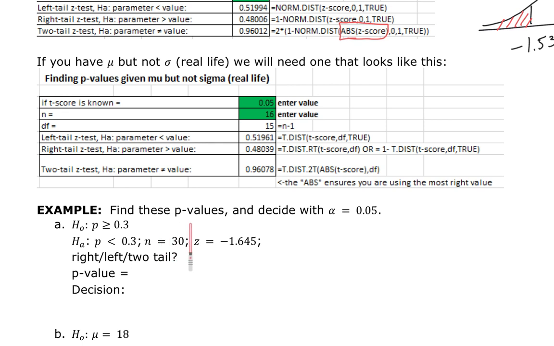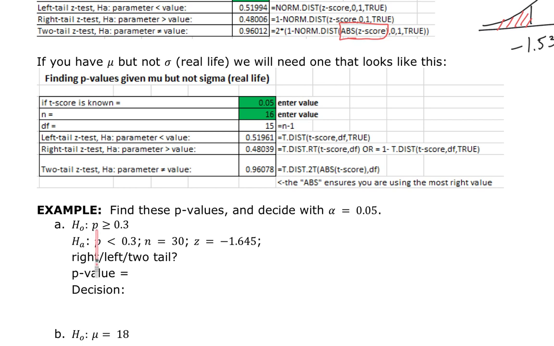Now, if I want to find these p-values, deciding whether alpha is equal to 0.05, this is the probability. So remember, H0 is the null hypothesis, the status quo. And we see we're using p, which is the parameter notation for the population.